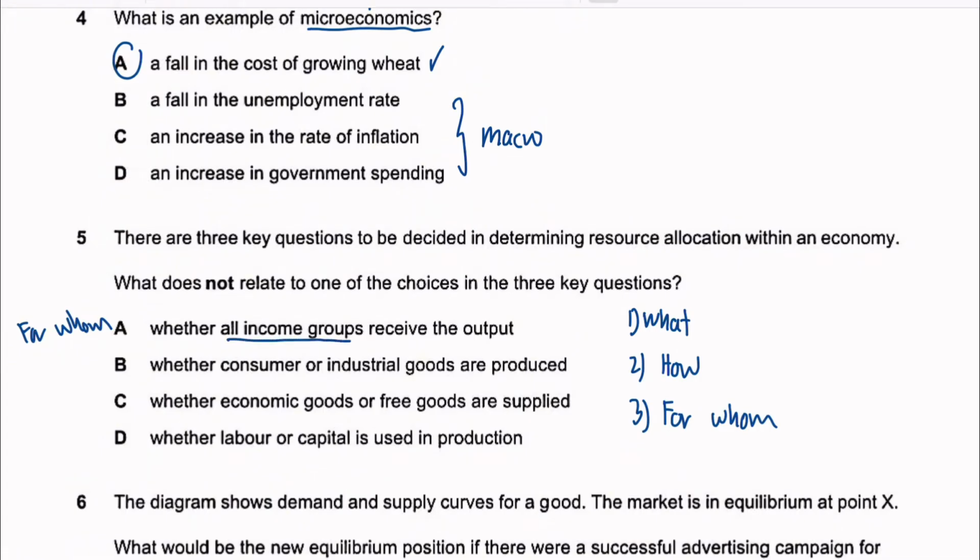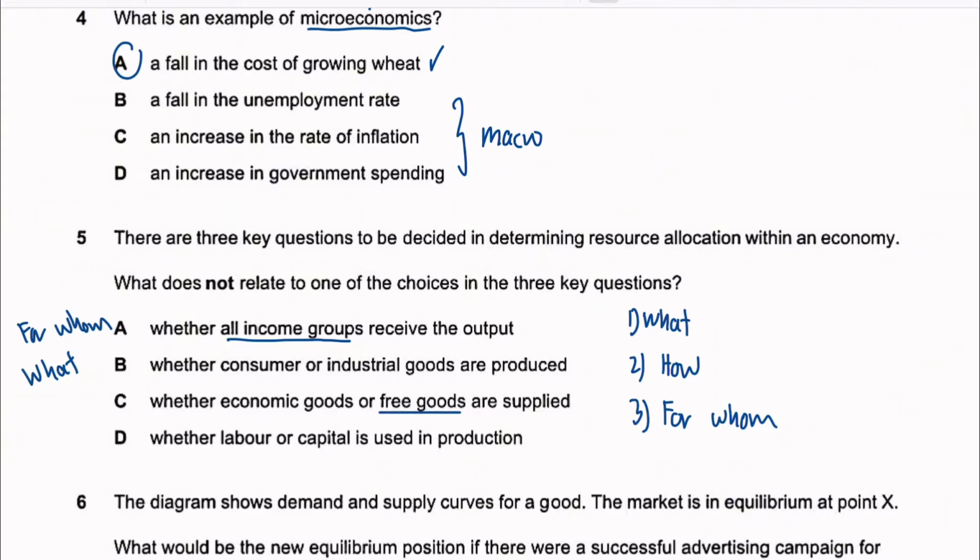Because we are thinking about whether these goods are produced for low income group, middle income group, or high income group. B, whether consumer or industrial goods are produced. This is what to produce. Third one, whether economic goods or free goods are supplied. So this may seem like what to produce, right? But the thing is, free goods, they are not supplied by humans.